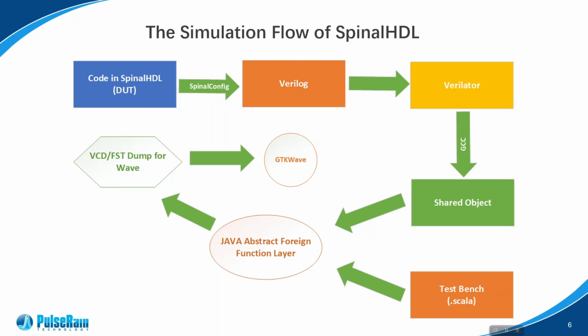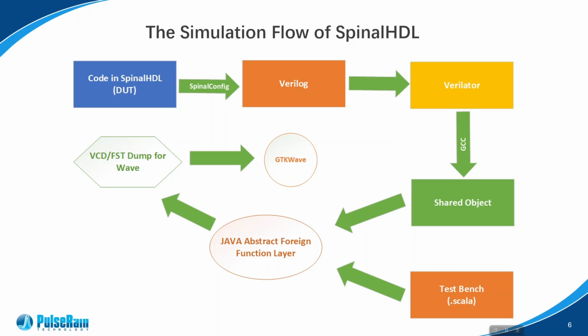Now, let's take a look at the simulation flow for SpinalHDL. SpinalHDL can support multiple simulators as its backend. And the main one we will be using is Verilator, as it has the best performance and is the default backend for SpinalHDL simulation.